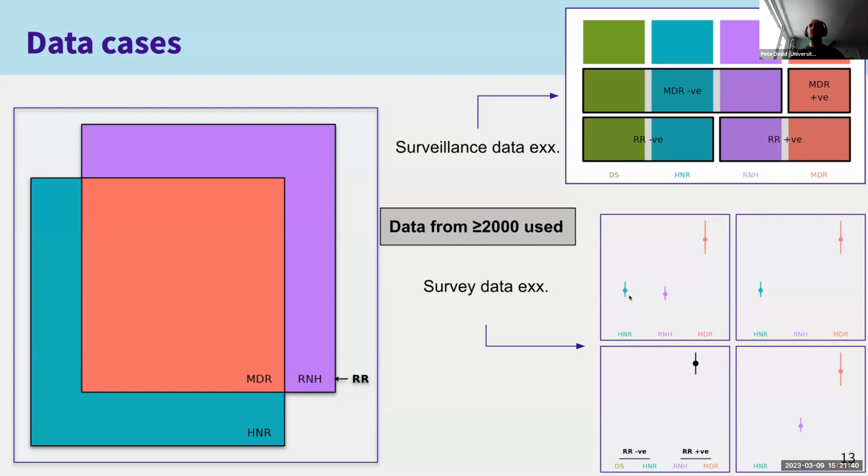So instead the data are going to look like a central estimate of prevalence in a particular group, together with a 95% confidence interval, which doesn't just reflect numbers, but also reflects survey design. And again, in an ideal world, you'd expect to have an estimate for each of these types, not for drug sensitive, as I'm calling it here, because that's implied once you've got the rest. But as with surveillance systems, you often find that's not quite what you've got. So you might have just rifampicin resistance.